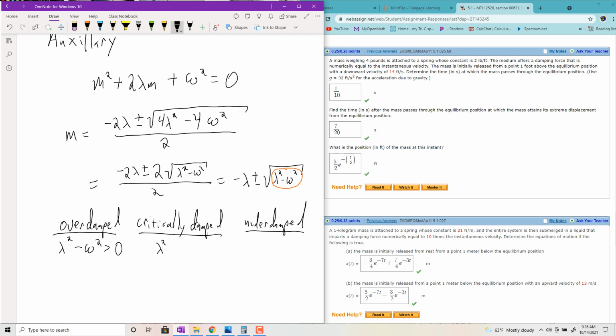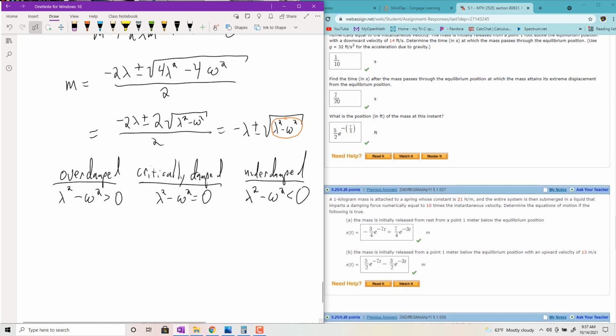That's just when these equal 0. And the behavior is very similar to what you see with the overdamped case. The underdamped is when you have imaginary solutions. So again, when you form your general solution, you'll have some trig expressions in it, so you'll have oscillation. It'll be going up and down and up and down. Okay, so those are your three cases.